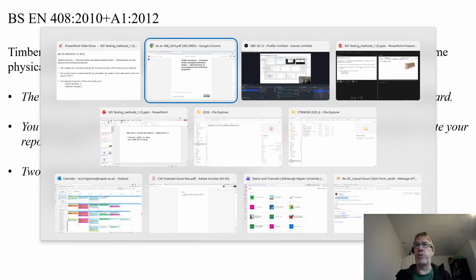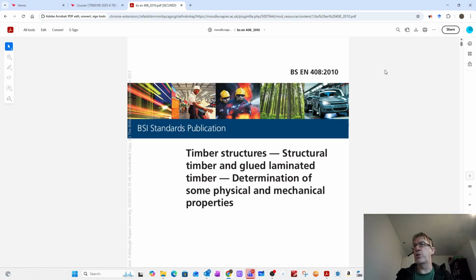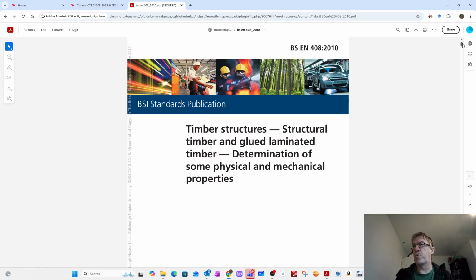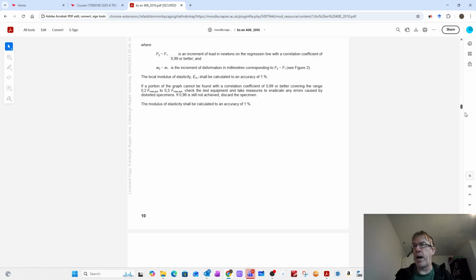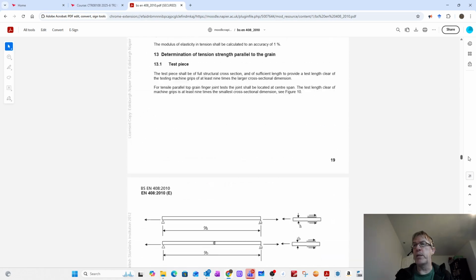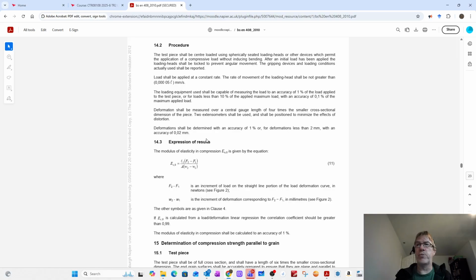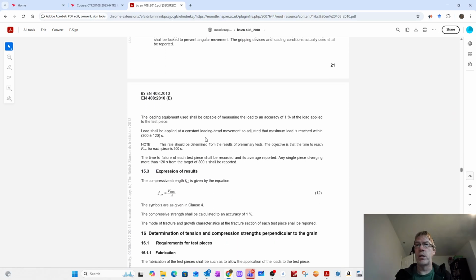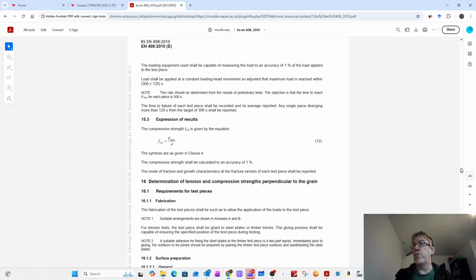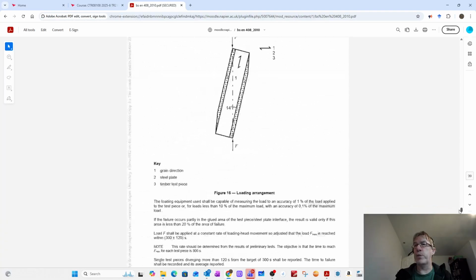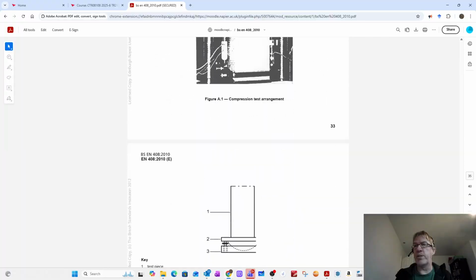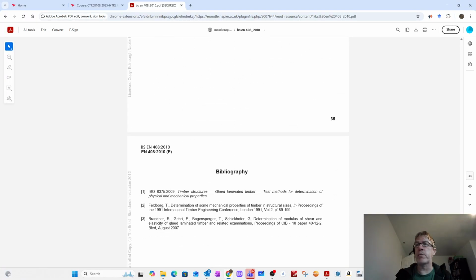Go back to that document for a second. Just for coursework 1, you'll want to have a look at page 20. It starts here, section 14, and you'll want to read down. And then you'll also want to read, I think it's page 32, if memory serves me correct.